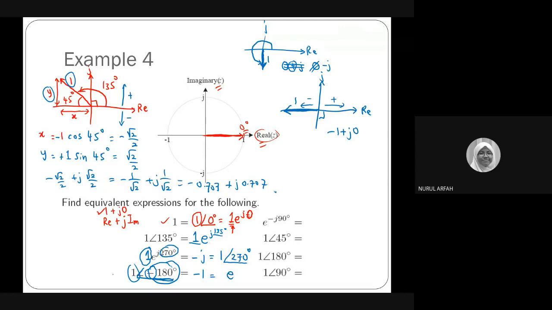So if you want to follow exactly from the polar, then you have here 1 with negative J 180 degree. But you can use your calculator. Do you get the same answer or not, with negative 1 e^(J180 degree)? You're supposed to get the same answer. Even if you convert it into negative 1 here or the polar from here, you will get all the same answer.